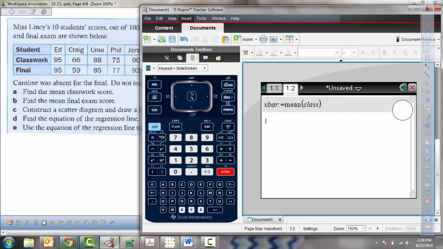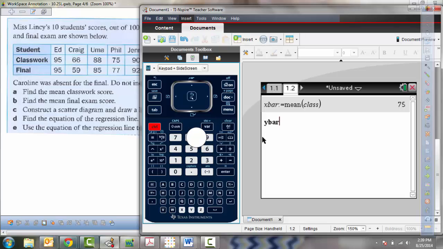So X bar is now stored to be 75. And I'm going to call Y bar, and this is the defining equals. I'm defining that to be the mean of my final. Notice it bolds it because final is a variable that I have stored. It's a list on slide 1.1.